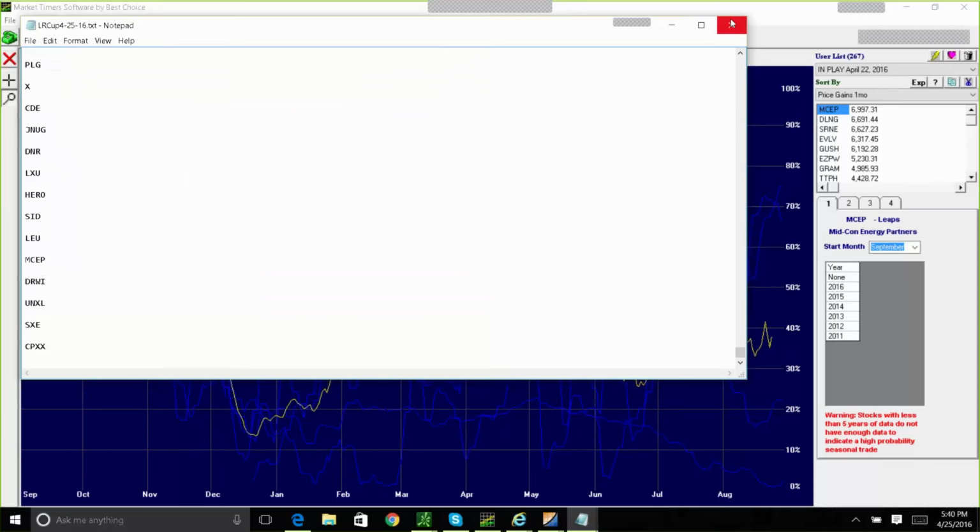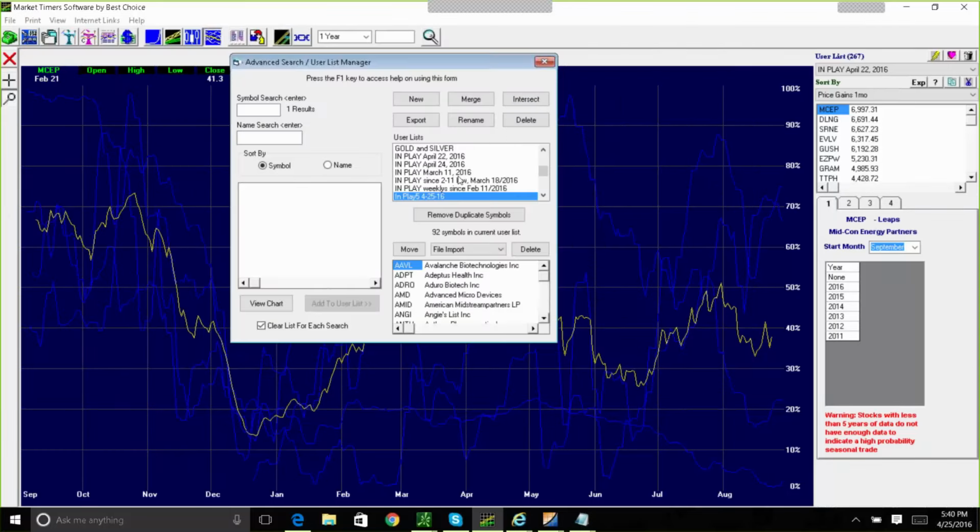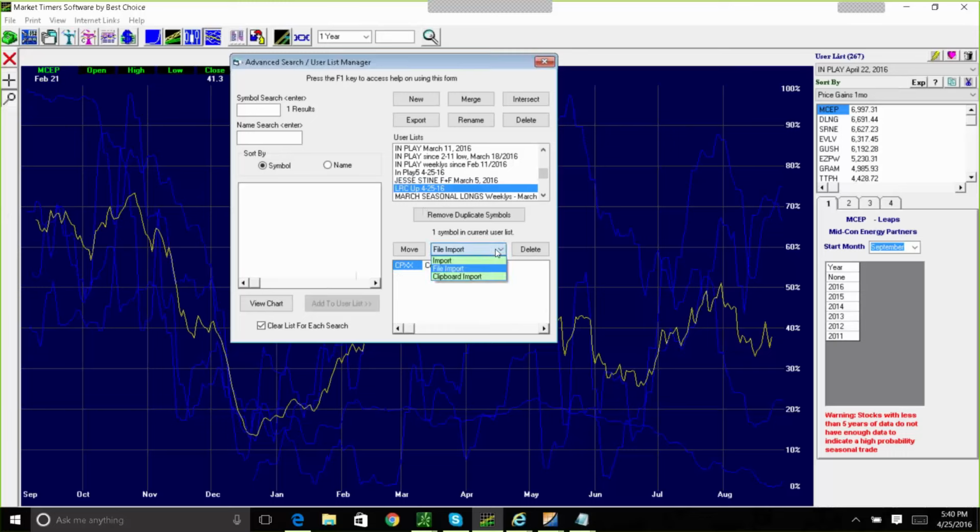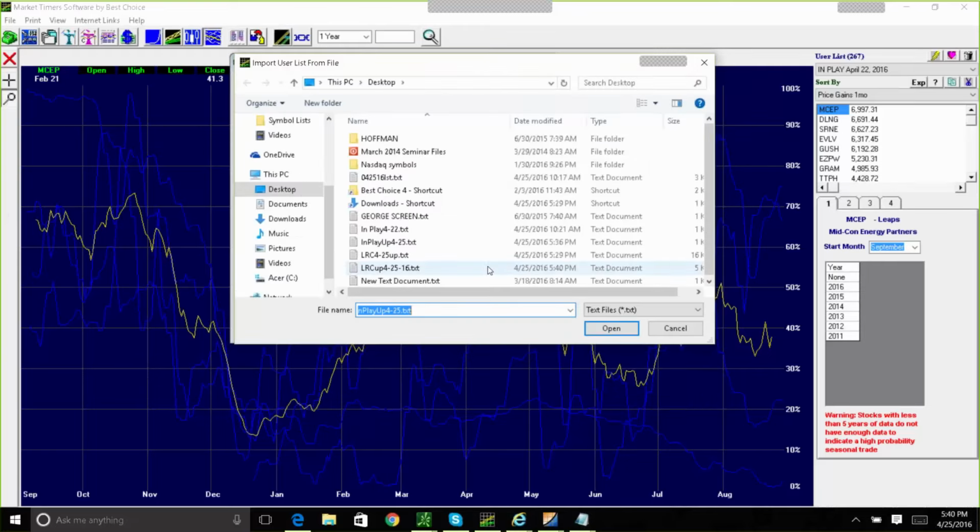I can close this, come in. I already have the LRC list in here. It's just got CPXX in it. I'm going to go to File Imports. I think this is it right here. Open it.